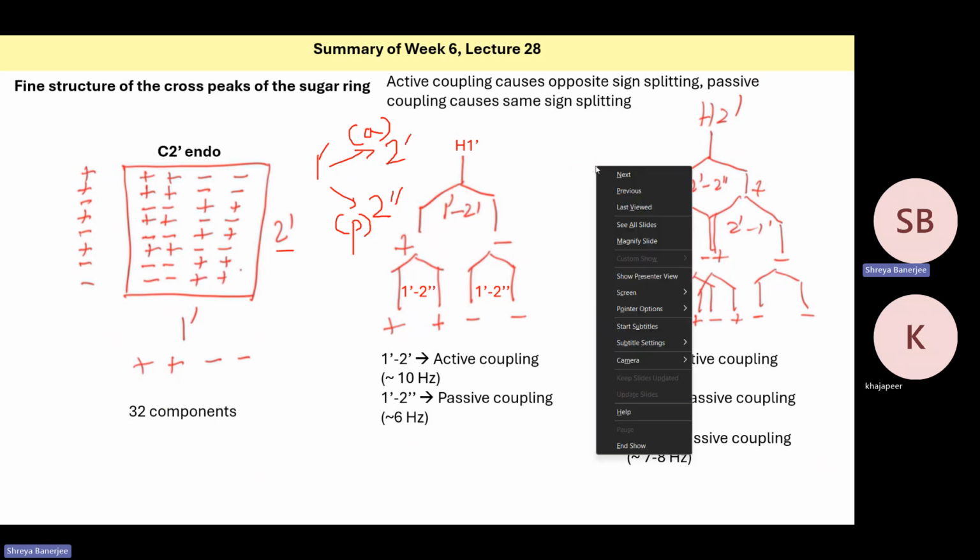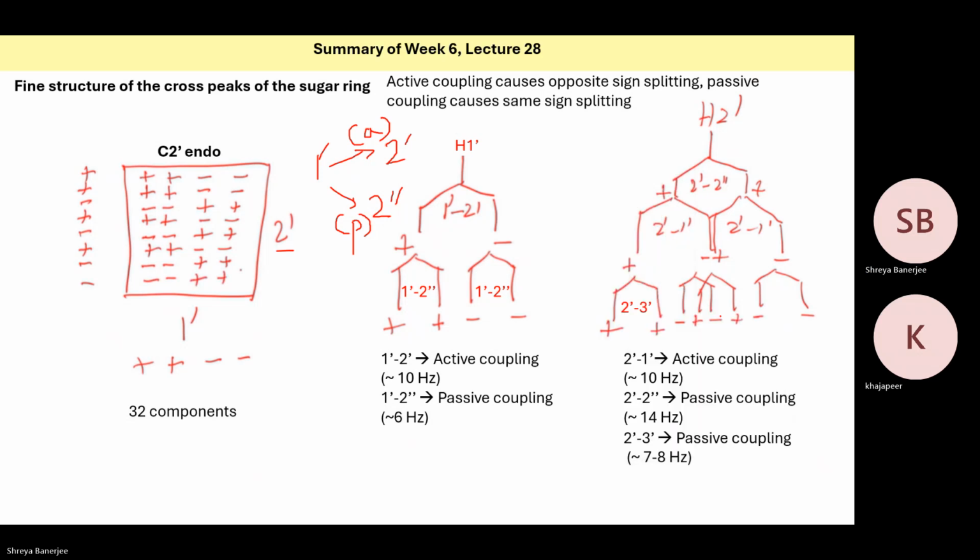Now 2 prime is being split by 1 prime, 2 double prime, and by 3 prime. So it is being split by 3 things. So first we will look at the largest, that is 2 prime 2 double prime. So in these 2 prime 1 prime is active. This is passive.